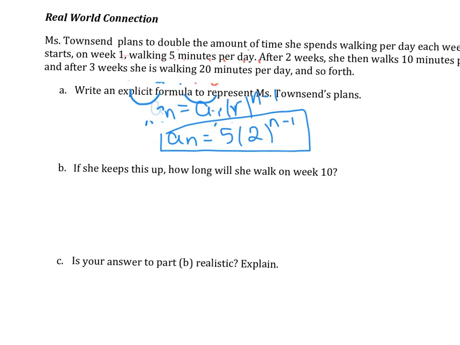For part B, it says if she keeps this up, how long will she be walking on week 10? What that means is, I want to find out what the 10th term is. But what I would like you all to do is use your explicit formula.